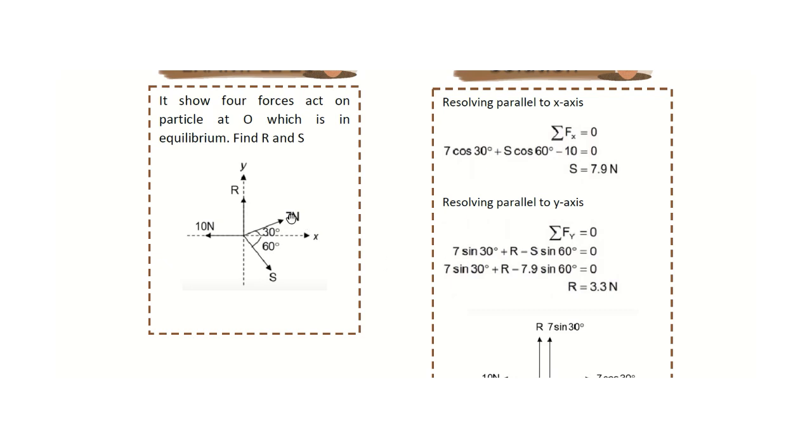So for the 7 Newton force here, we calculate 7 sin 30 degrees, plus R here, force R, minus S sin 60. The force S here is in the negative direction of the y-axis, so we put a negative value here, negative S sin 60 degrees. Then we calculate R will be equal to 3.3 Newton.